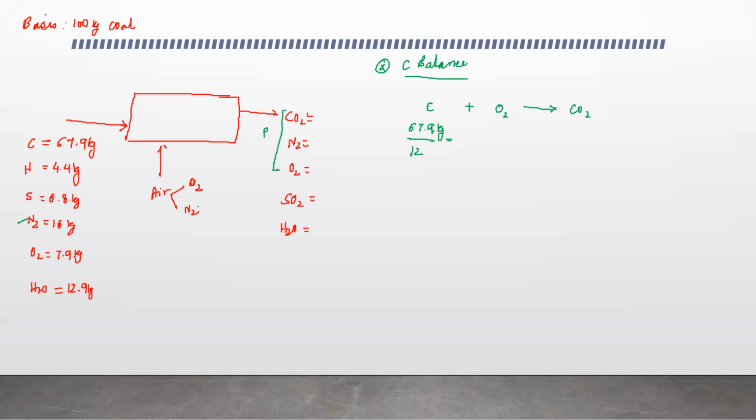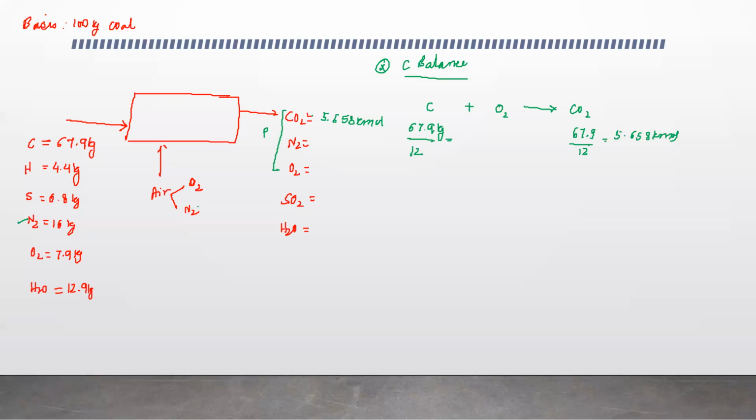And since this is a 1:1 ratio, therefore 67.9 by 12 kilomoles of carbon are going to give you 67.9 by 12 kilomoles of carbon dioxide. Right? So that is going to be 5.658 kilomole. All right, so in this carbon dioxide we have 5.658 kilomole.